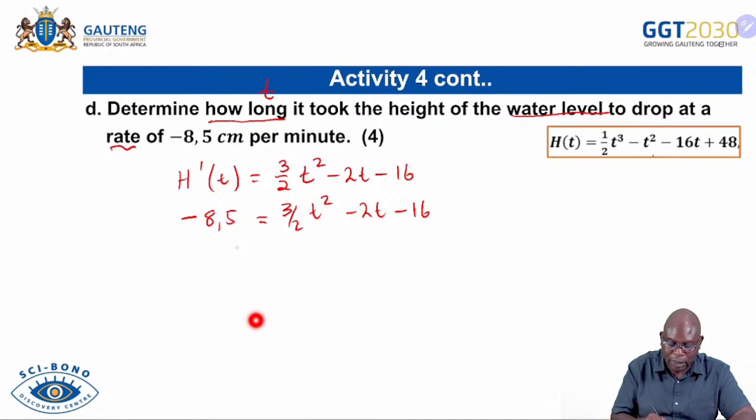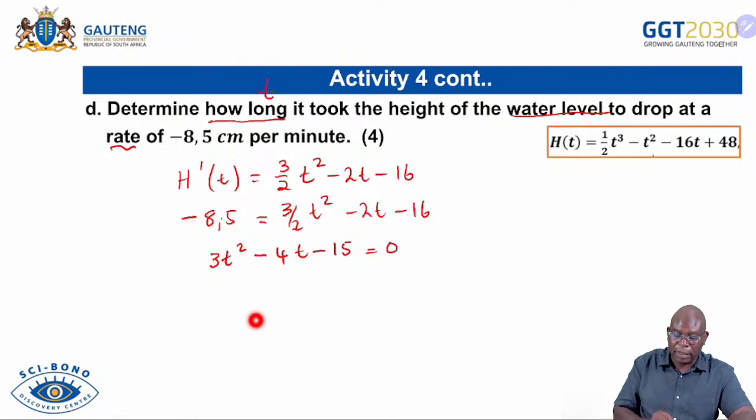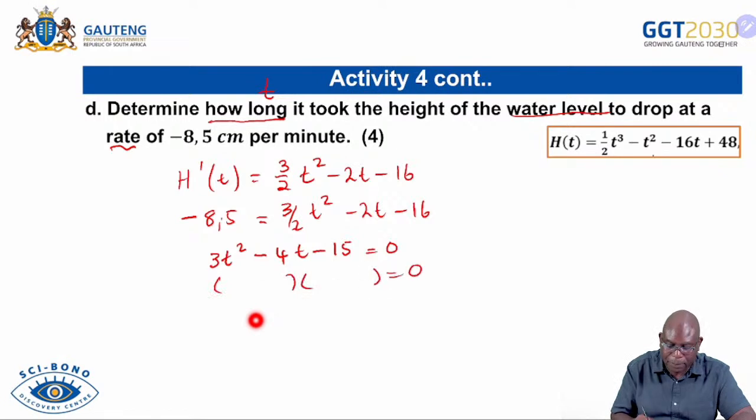Now with that equation, I can just simplify it. The simplification will lead me to 3t squared minus 4t minus 15 equals 0. Then I transpose everything to my right-hand side, and that's my equation. For this, I'm going to factorize. Remember, we need time, so I'm going to have 3t plus 5 times t minus 3.